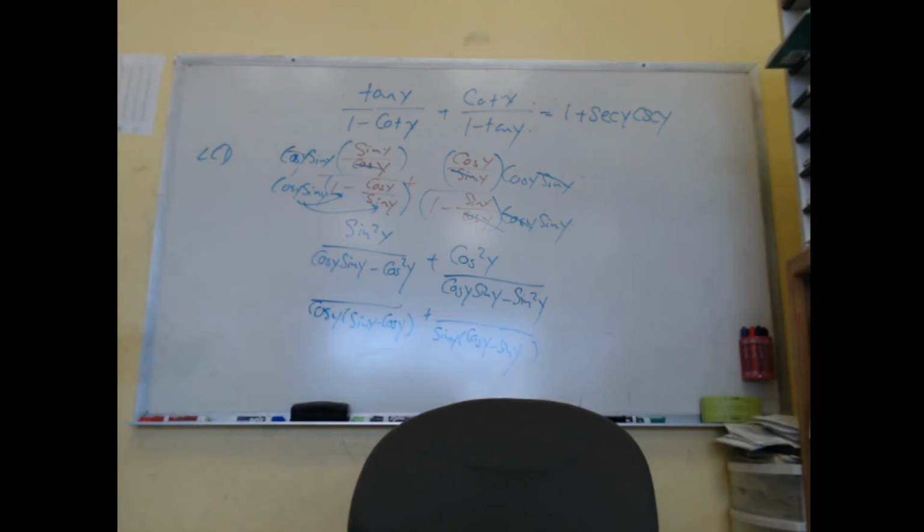Being negative, right? So the least common denominator would be negative cosine y, sine y, and quantity of sine y minus cosine. Would that be the least common denominator?